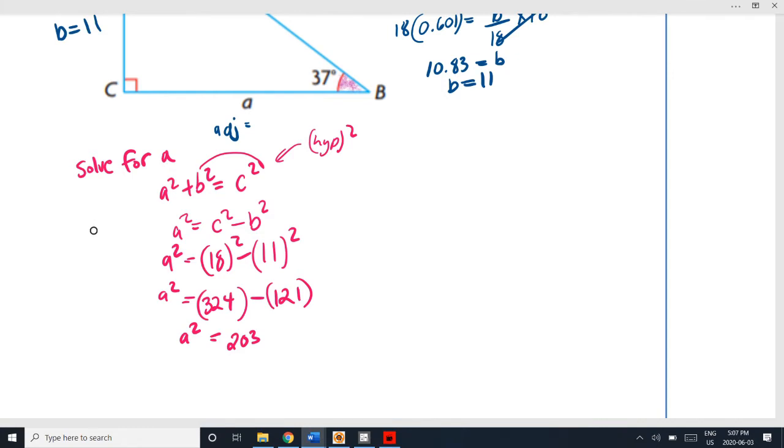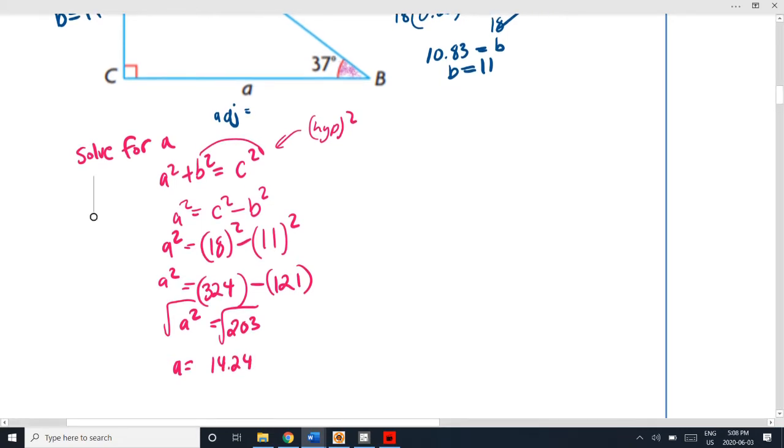To get a by itself, we just have to square root both sides. The square root of 203 is 14.24. And if we're going to round our side to the nearest whole unit, we'll just look at this number here. Since it's less than 5, we're just going to stay at 14. A is equal to 14.